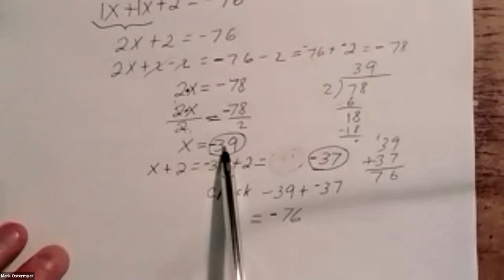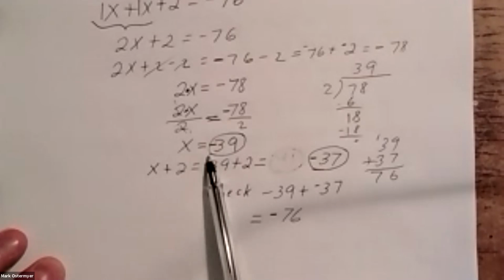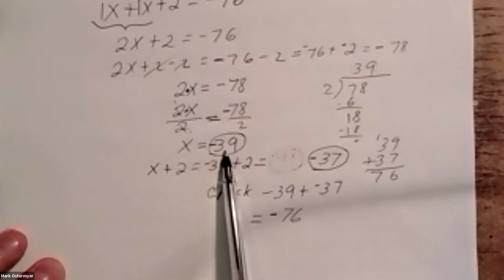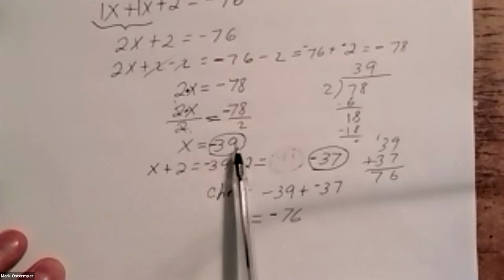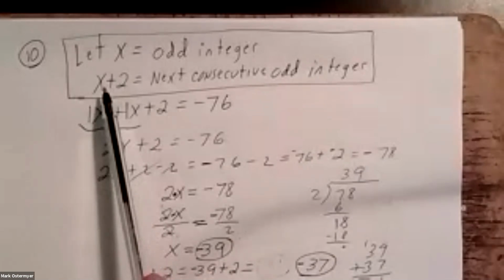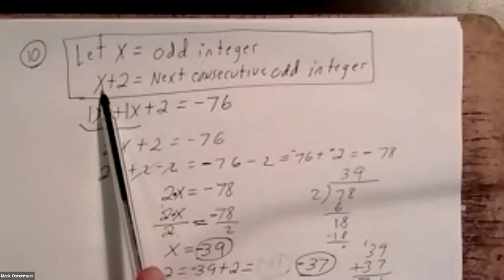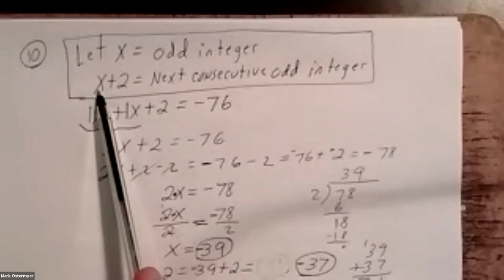And a lot of students do get hung up on that. They find x and they think that that's the only answer we need. No, your author's asking for two consecutive odd numbers that add up to negative 76. Negative 39 is just the first one. To find the other one, we have to go back up here and use this expression to find the other consecutive odd integer, replacing x with negative 39.